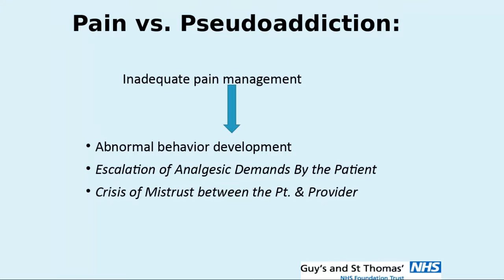We always have pain versus pseudo addiction. If we choose between pain and pseudo addiction, I think one will be inclined to accept that pseudo addiction may occur, but pain is much, much worse than pseudo addiction. So inadequate pain management will lead to abnormal behavior development in the patient, escalation of the analgesic demand by the patient, and a crisis of mistrust between the patient and the healthcare provider.